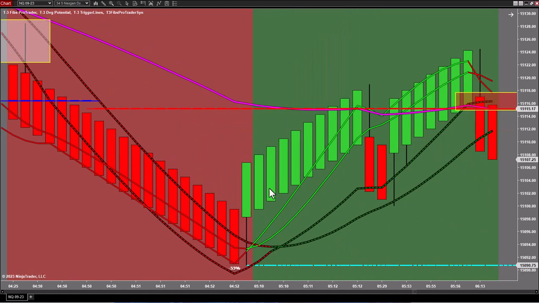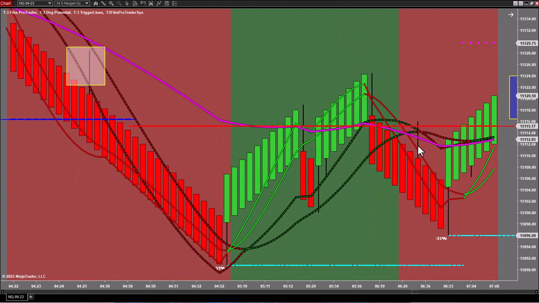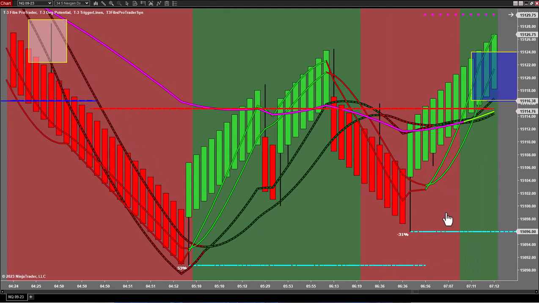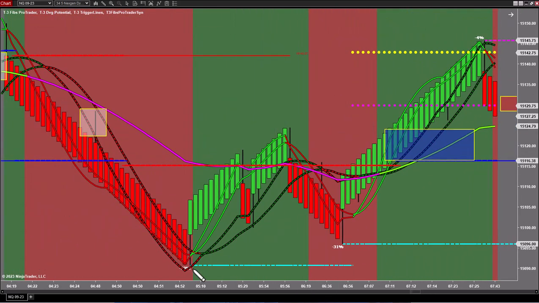And again, we had divergence, but we hit resistance, and we hit resistance. Eventually our triggers rolled down, but there wasn't a real strong look here either way, trigger line wise. Maybe over here for half a second, but then that was it. And then we had, look, a very bullish pattern, higher divergences.